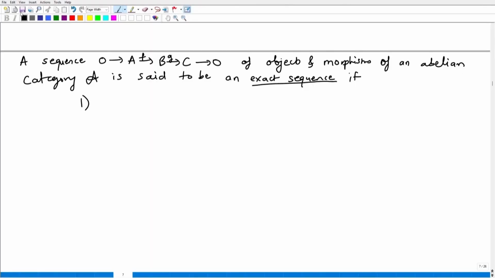It is the 0 object, and 0 to A is the unique map, which is again the 0 of that hom set, and C to 0 is also the unique map, which is the 0 of that hom set.